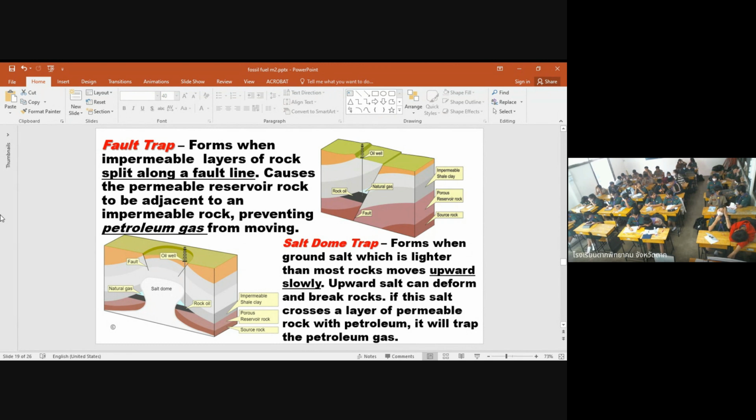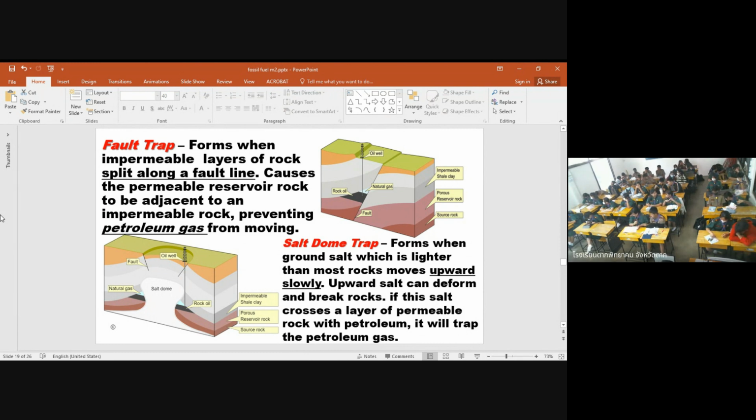Listen. So this part is your rock oil, and this part is your natural gas. It will be trapping your petroleum gas because of the salt dome.